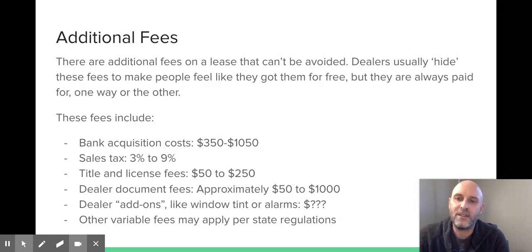Sales tax is going to depend on your state. I've seen anything from 3% to upwards of 9, 10%. You have jurisdictions like Chicago, where they'll tack on basically a lease tax, where they charge extra. Places like Philadelphia, Pennsylvania, where different regions of the state can have local taxes as well.